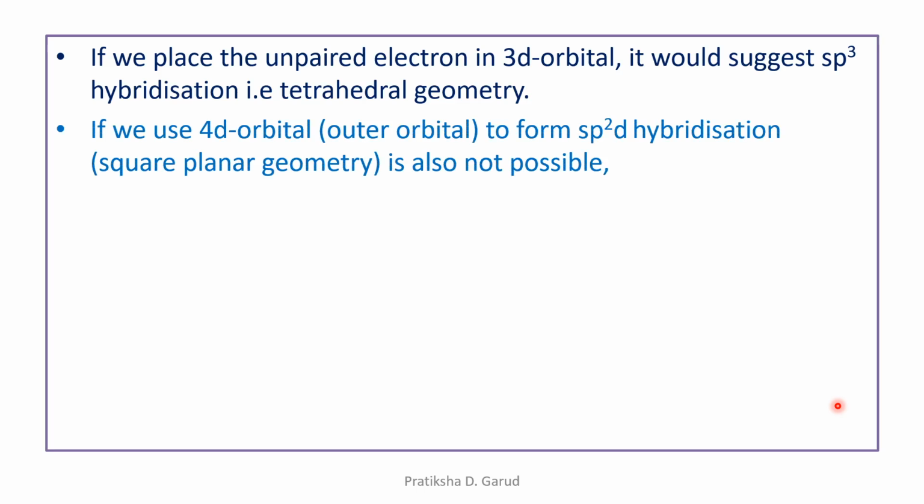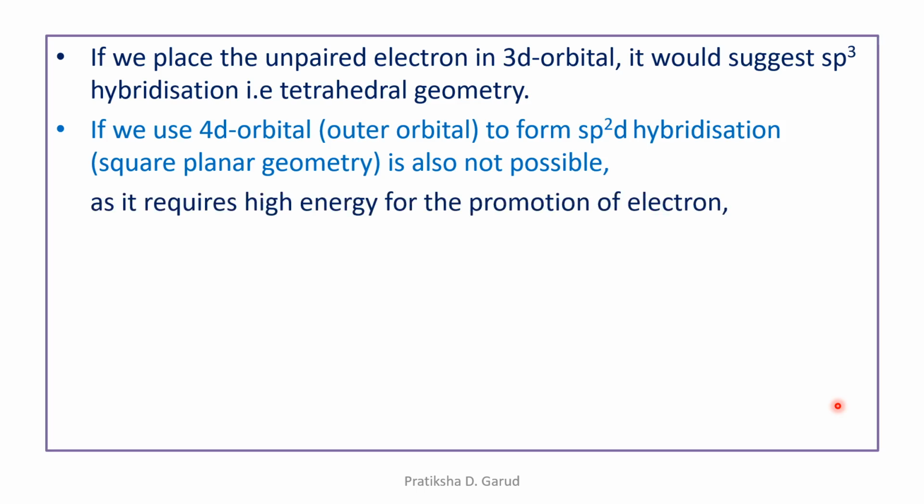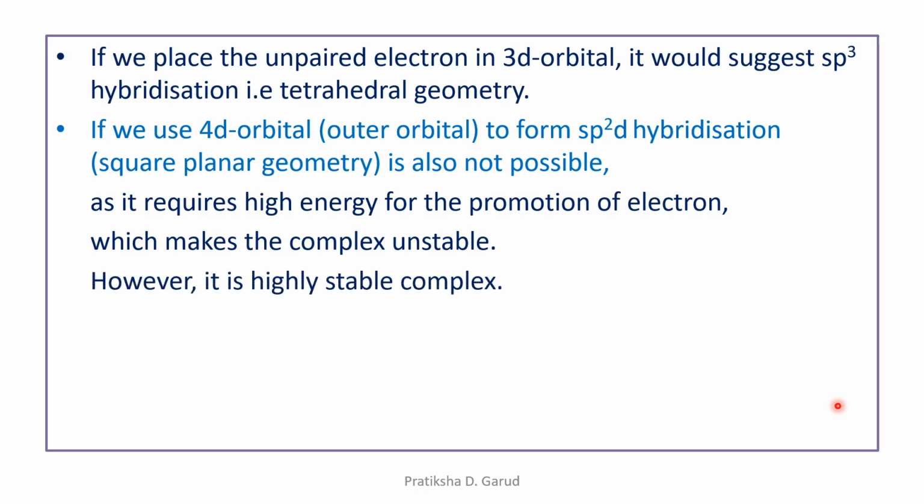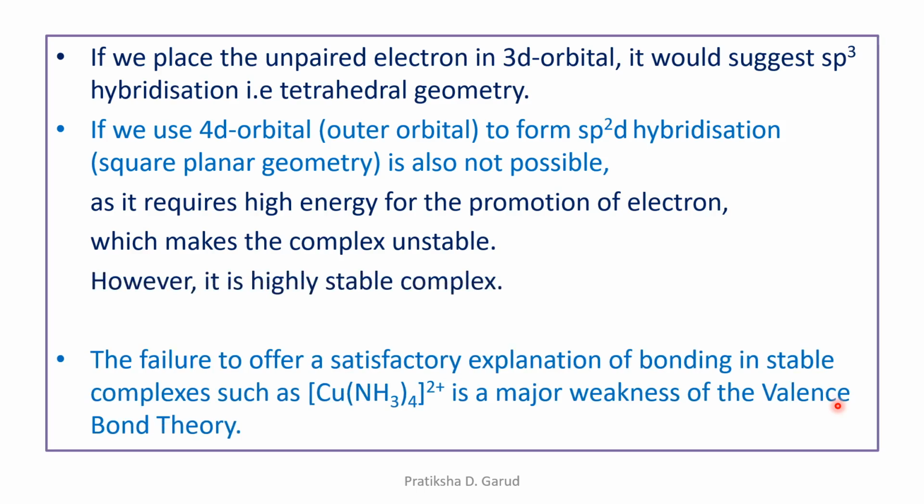Secondly, if we use the 4d orbital, that means the outer orbital, to form the sp2d type of hybridization, which is also not possible as it requires high energy for the promotion of the electron, which makes the complex unstable. However, this complex is highly stable. So the failure to offer a satisfactory explanation for the bonding in stable complexes such as [Cu(NH3)4]2+ is the major weakness of the valence bond theory.